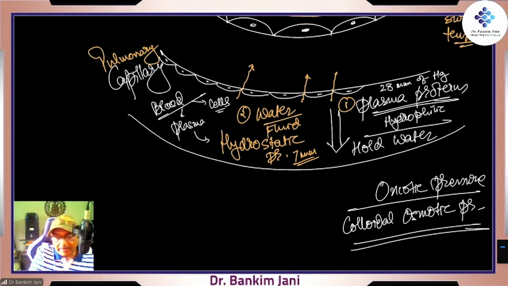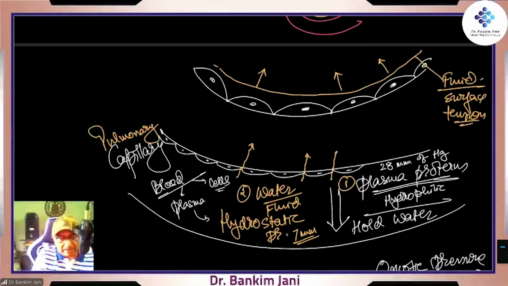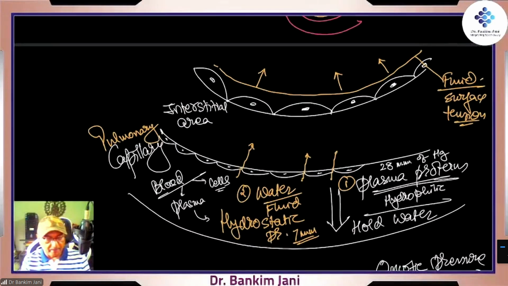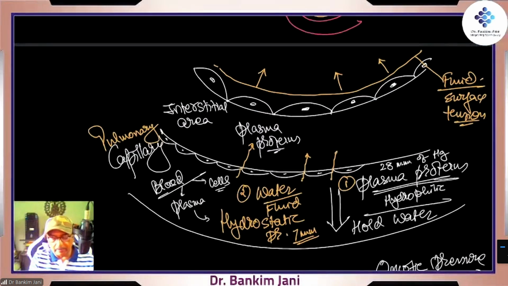And the area outside it is called the interstitial area. So in this interstitial area, plasma proteins have landed. It is the tendency of plasma protein to hold the water. So it will keep the water in this interstitial area. Not good. Not good.